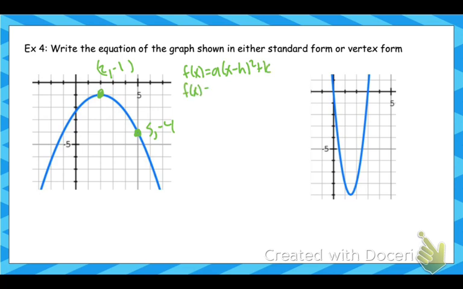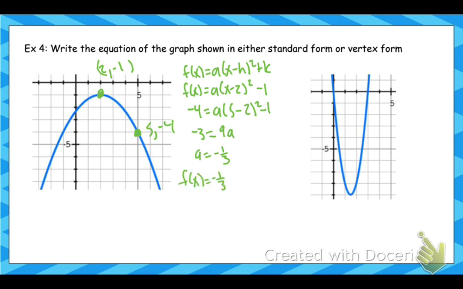I don't know a, so I need to solve for it by plugging in negative 4 for y and 5 for x. Once you know what a is, then you can just fill it in to write the rest of your equation.